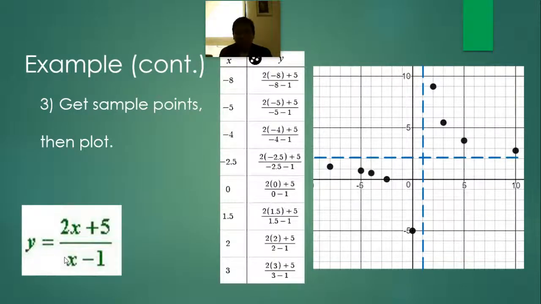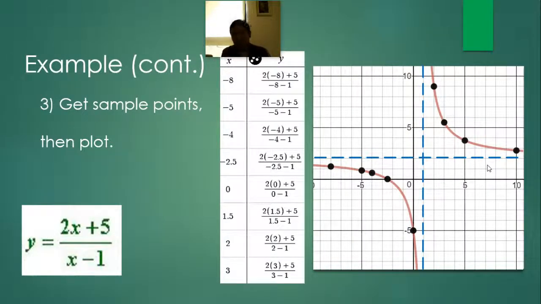So here are the points plotted, starting with -8 and the value of y at -5, the value of y for it, so on and so forth. You will somehow see how the graph turns out. By connecting those points, we have our graph for 2x plus 5 over x minus 1.